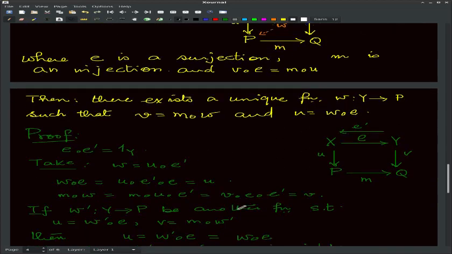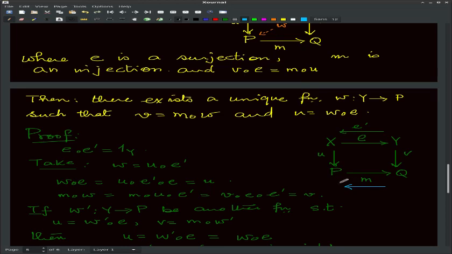You could argue what would happen if I also know that m, being an injection, has a left inverse. Sure, it has a left inverse, that's right. But that doesn't lead me anywhere.